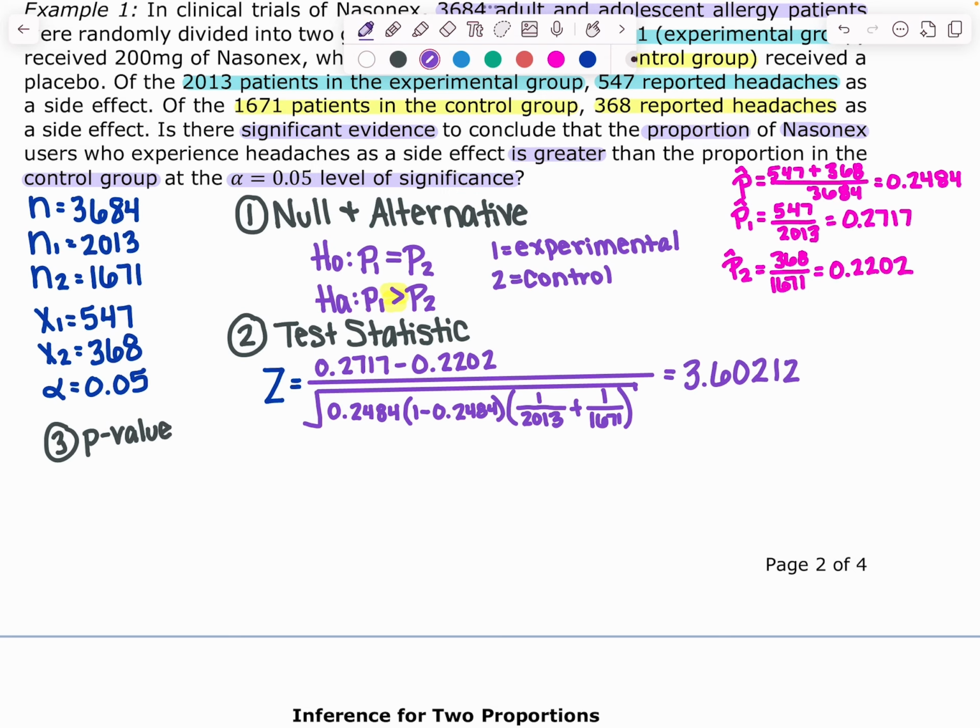And the way that the p-value was calculated was from 1 minus norm.s.dist 3.60212, comma, true. And it's 1 minus because it's a right-tailed test. So that's how we got the p-value, 0.00016. So we're almost done.